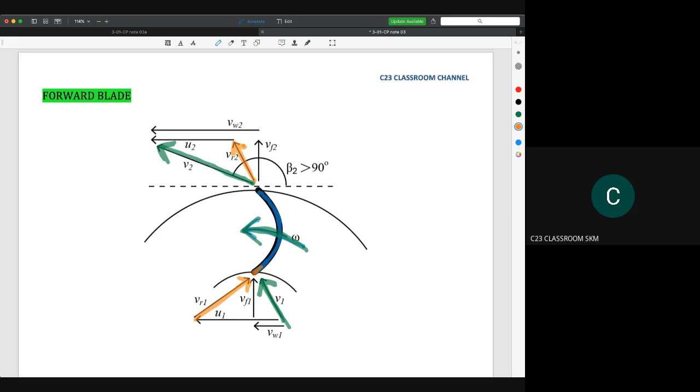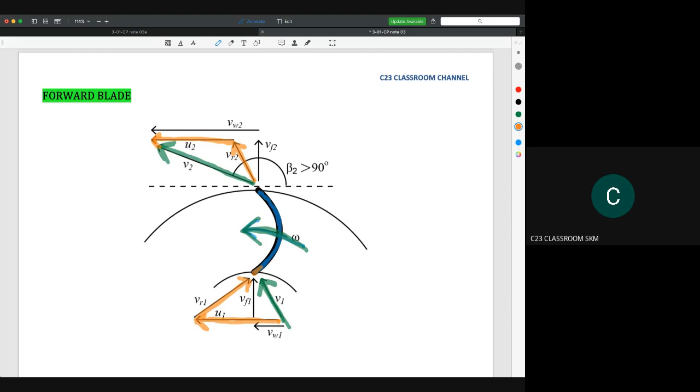Then we draw U1 like this, and U2 here like this.